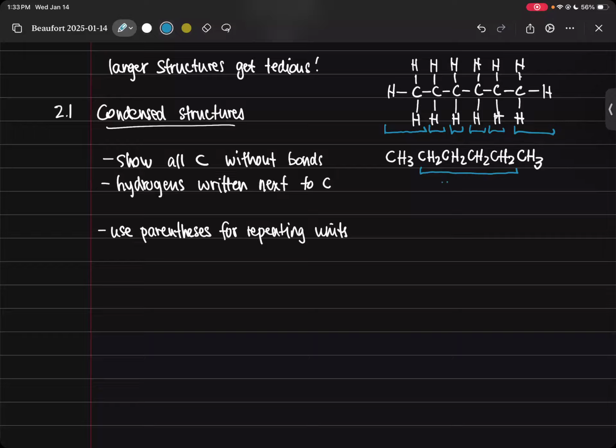So this here is 4 CH2 units. And so we can call it CH3 and then in parentheses CH2, with a subscript 4, for the 1, 2, 3, 4 CH2 units all in a row, and then the rightmost CH3 group on the end.